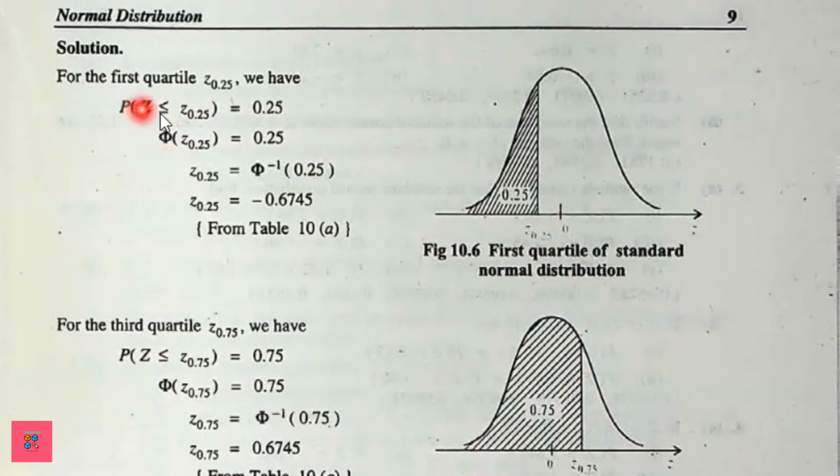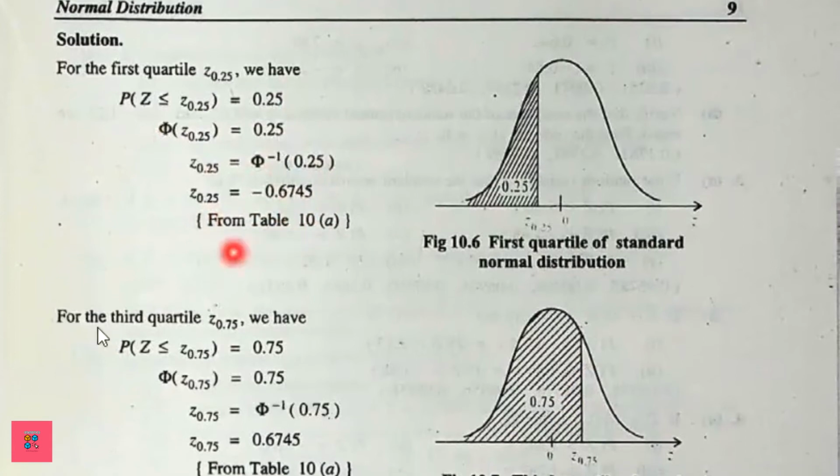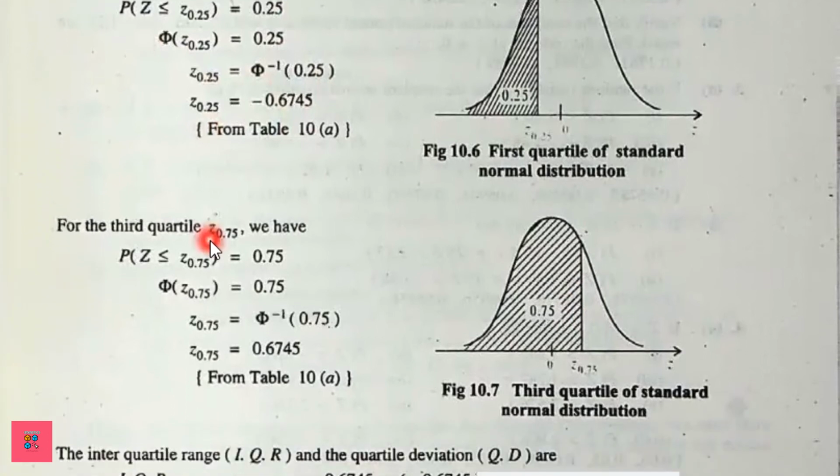So probability Z less than Z 0.25 is also written as phi of Z 0.25, and probability is given as 0.25, and phi comes on the right side, so phi inverse. Whenever phi inverse of some value is written, we will come to the table, and the table gives us this value. We will also locate the value from the table, but come to the next quartile first.